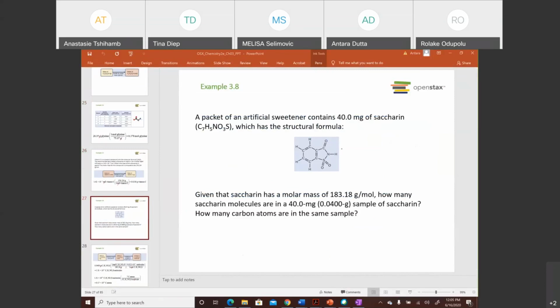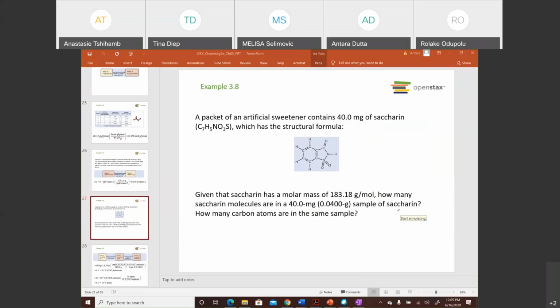Given that saccharin has a molar mass of 183.18 gram per mole, how many saccharin molecules are in a 40 milligram, not grams, sample of saccharin? How many molecules?